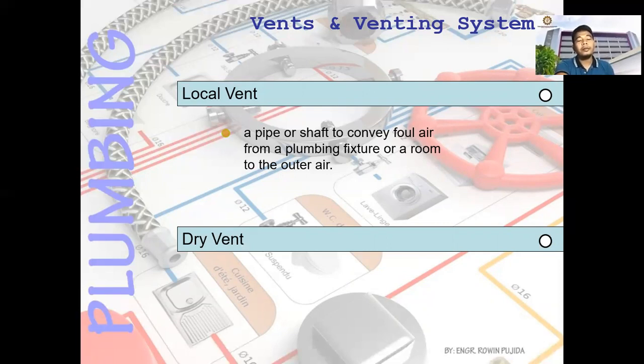You can have, maybe, one water closet with your local vent connected to it, and then you have the vent pipe located at the back of the wall, outside the toilet and bathroom. Okay, that is local vent.